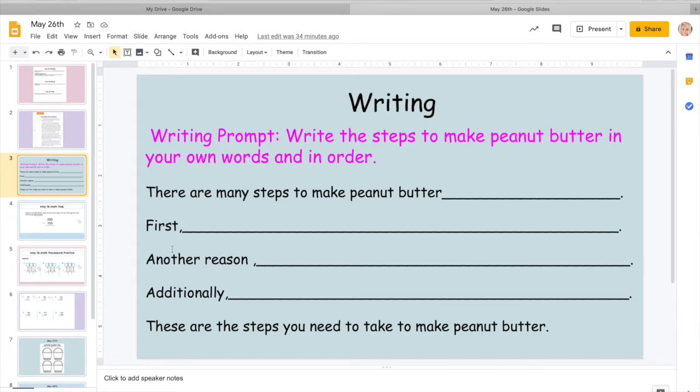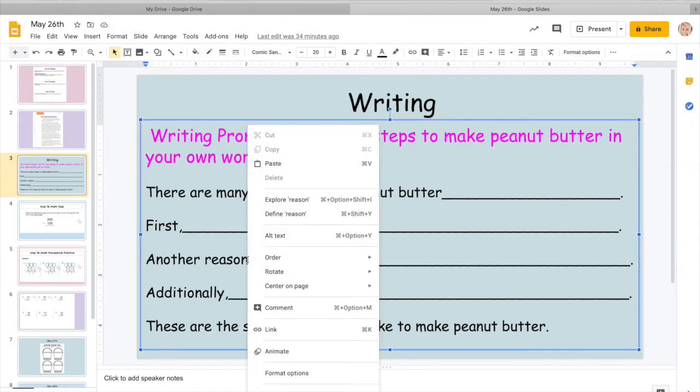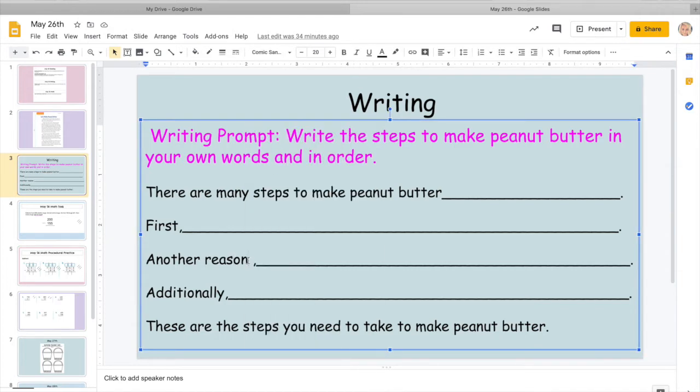I gave you some transitional phrases here, so you're going to put first. That would be the first step. You can put another step or another reason. Actually, another reason doesn't really work, so let's go ahead and fix that right now. So another step, and then additionally would be that final step. And again, those are your transitional phrases. You just fill that in.